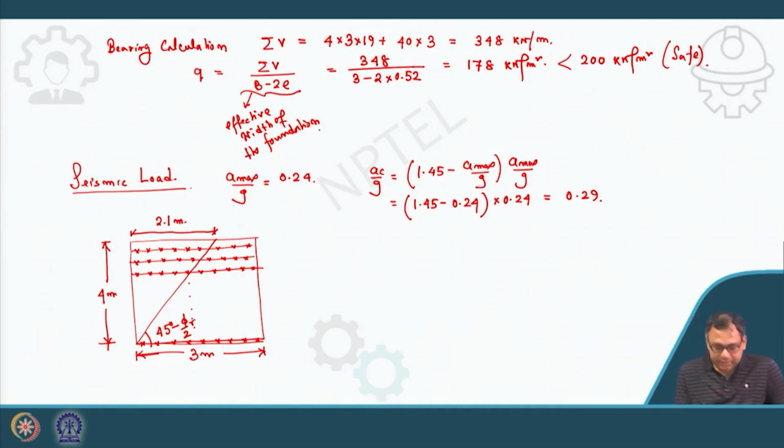I know this height, so I can calculate this length. This is 2.1. Similarly, this is the L E dash, the length beyond the failure zone for this reinforcement, it is 1.05 meter.